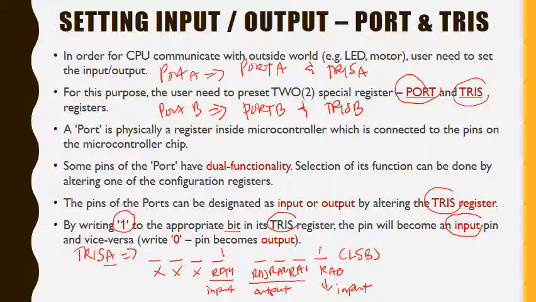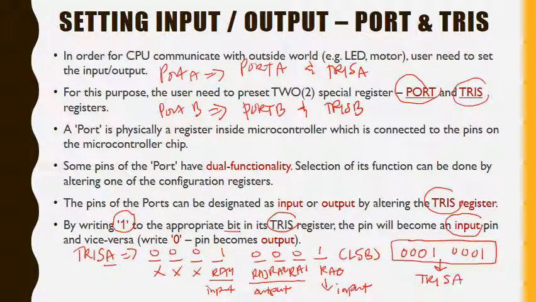And those we want to become an output, we give 0. The rest doesn't matter, so let's just write 0. So in our program later on, we need to send this data, 0, 0, 0, 1, 0, 0, 0, 1, to the TRISA register to set the input-output value. This is how we do it.